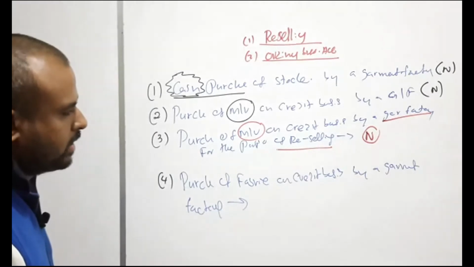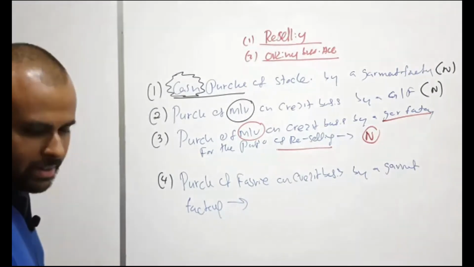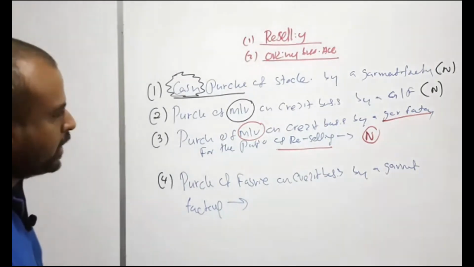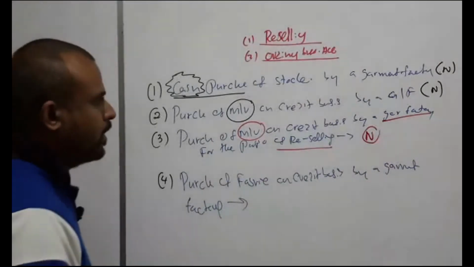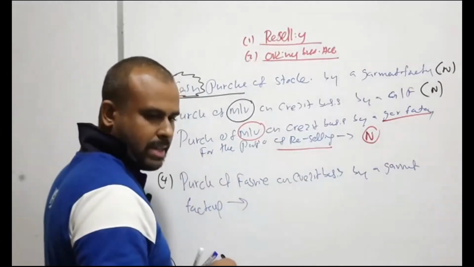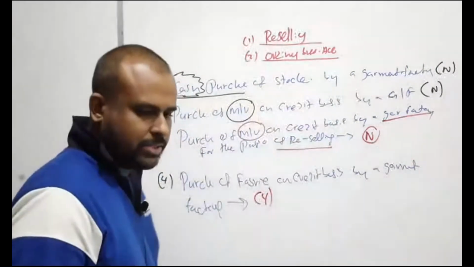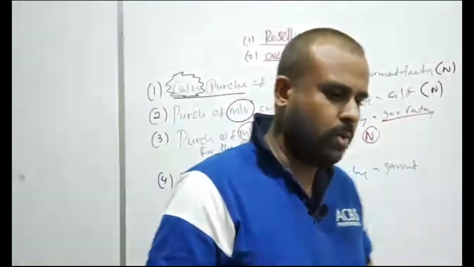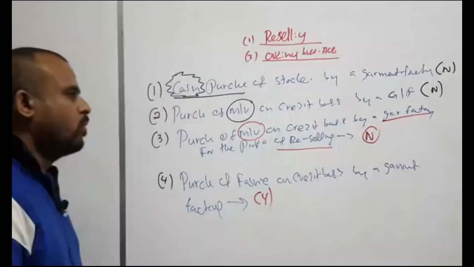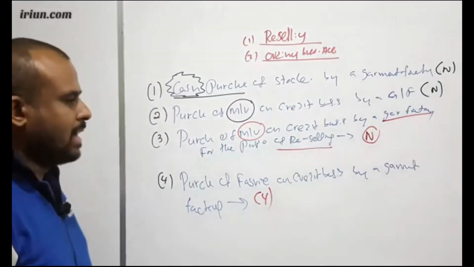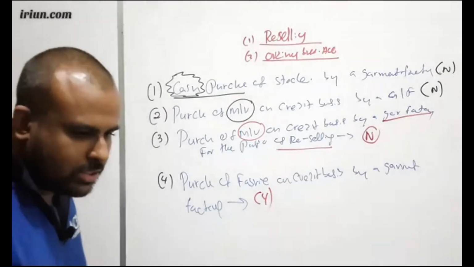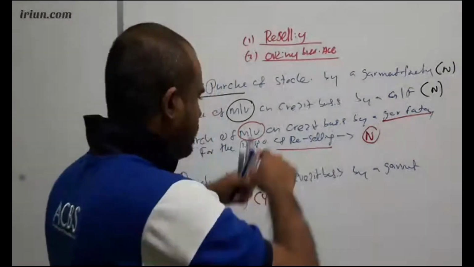A garment factory purchases fabric on credit basis. Can you record this? Yes or no? Obviously yes. Now you have a better understanding about what purchases are and what will be recorded in the purchases journal. Right. Okay.